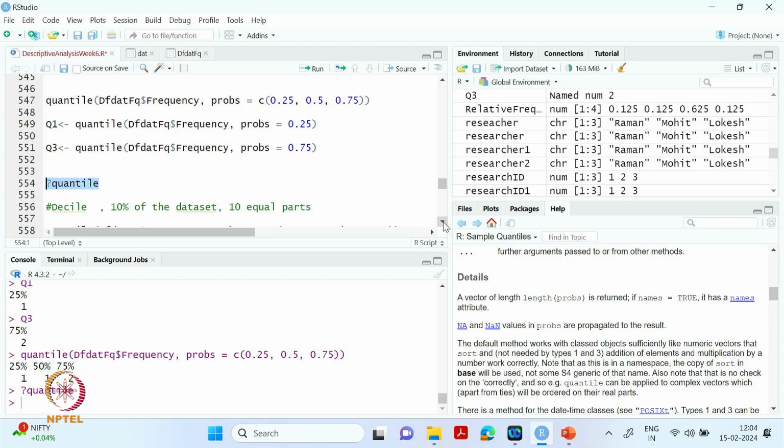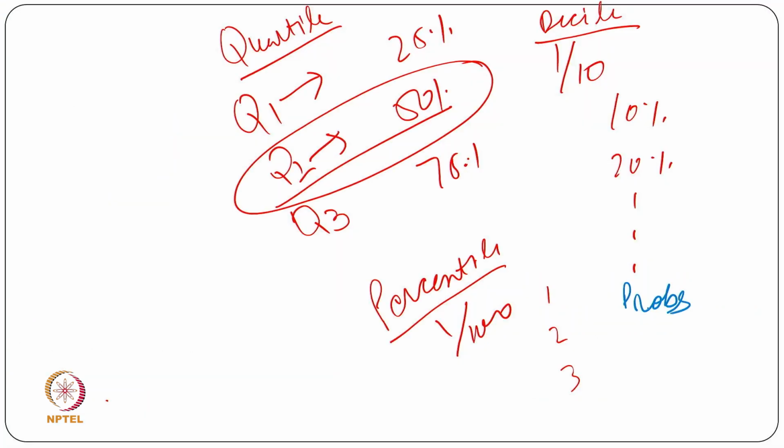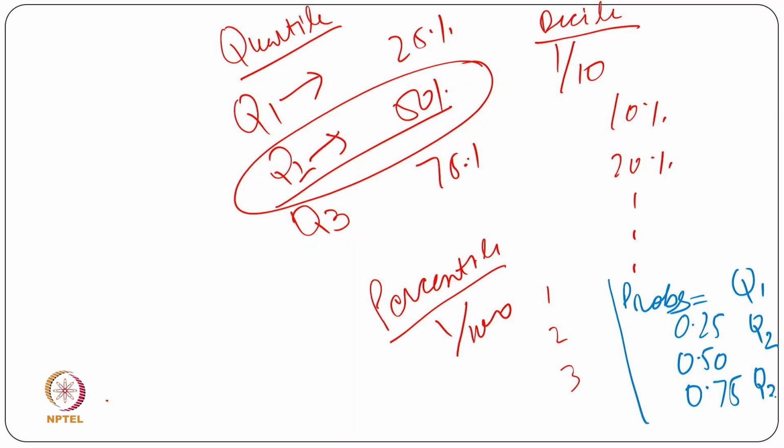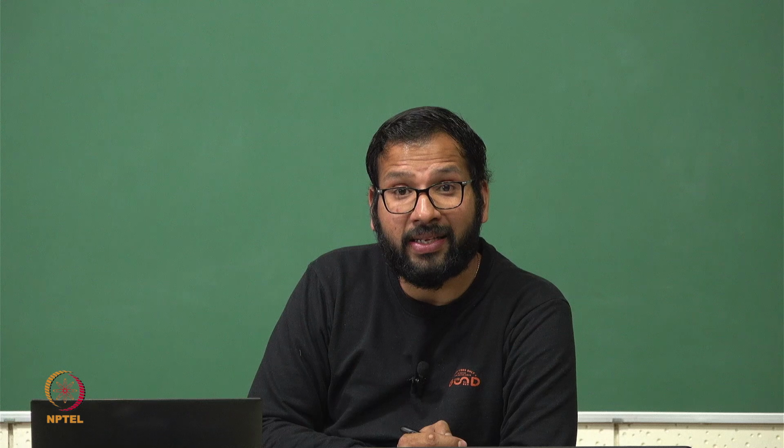Now we'll discuss the decile. Decile is basically dividing the data set into 10 equal parts. So when we call the function quantile, we have assigned the value of probs as 0.25, 0.50 and 0.75 for calculating Q1, Q2, Q3. What will be the value when we calculate the decile?